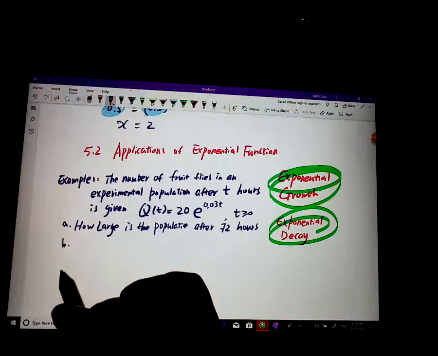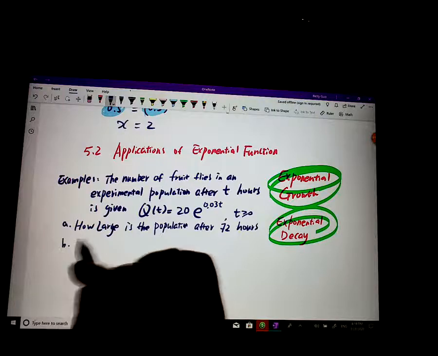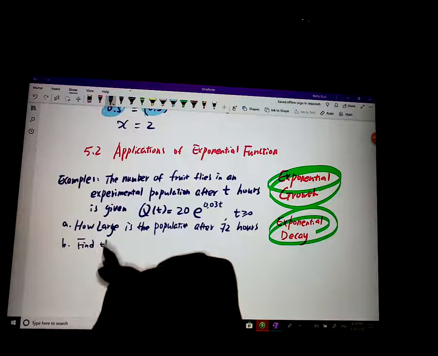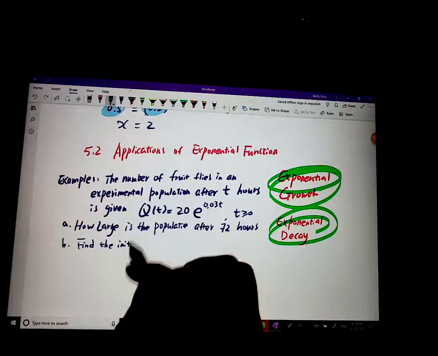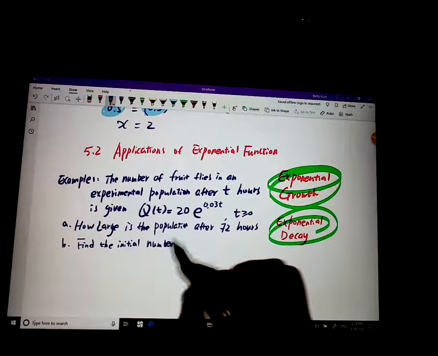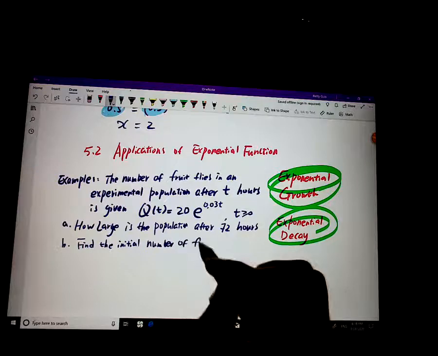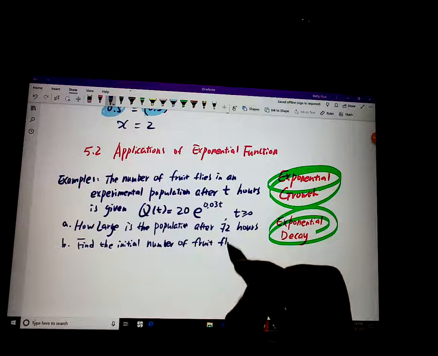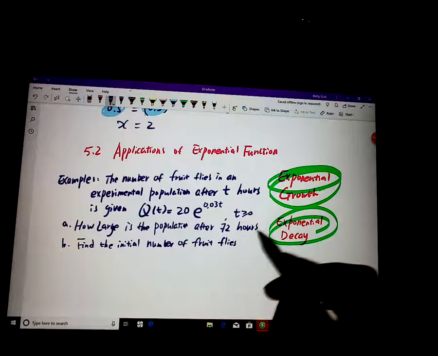Part B, find the initial number of fruit flies in the population.